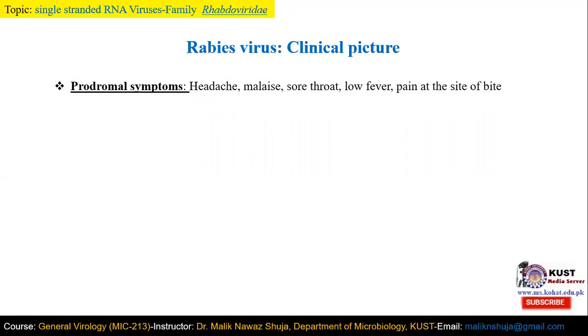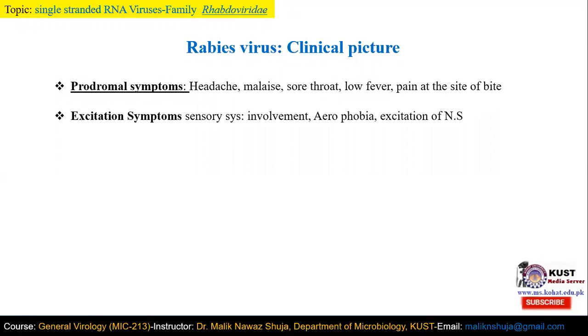The prodromal symptoms further develop into excitation symptoms, such as sensory system involvement, aerophobia, and excitation of the nervous system.